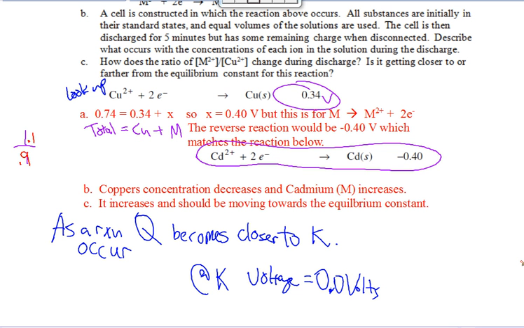And guess what happens when it reaches the equilibrium constant? The reaction stops and the voltage drops all the way to 0. You might not be at 0 molarity and max molarity for the other solution when it reaches equilibrium. It just can't pull electrons through the wire anymore.